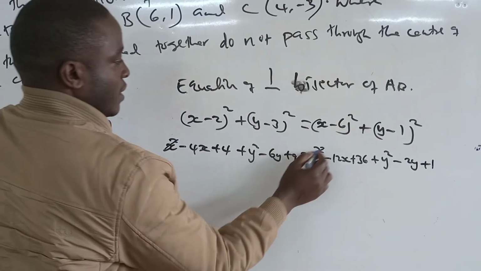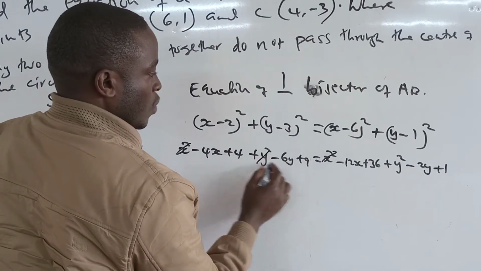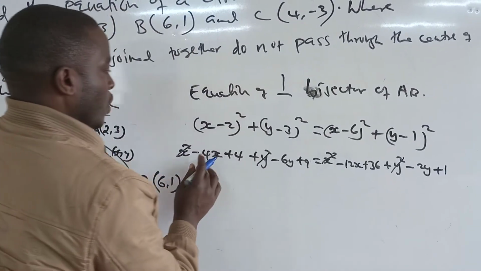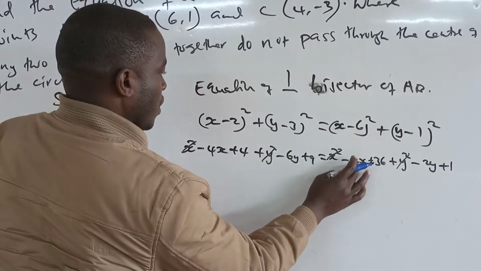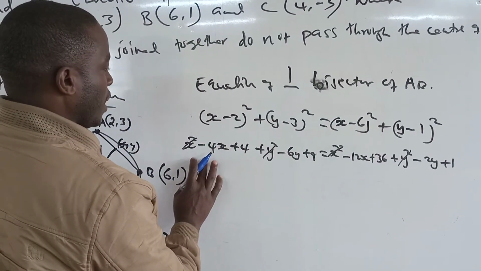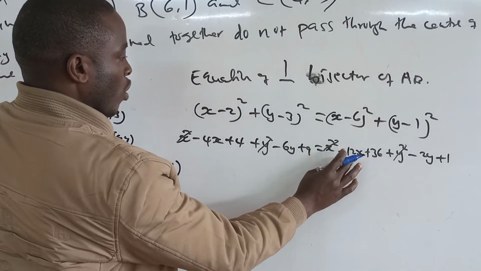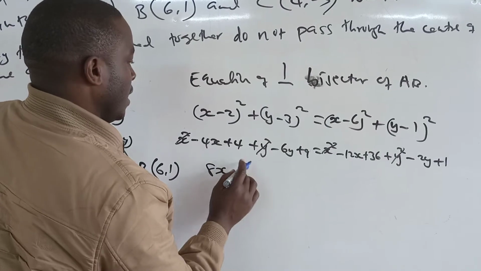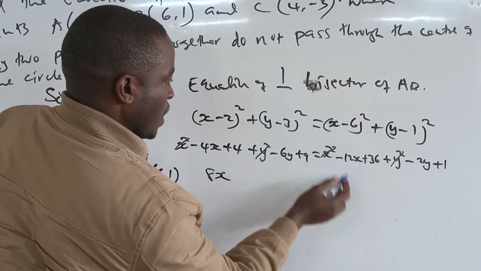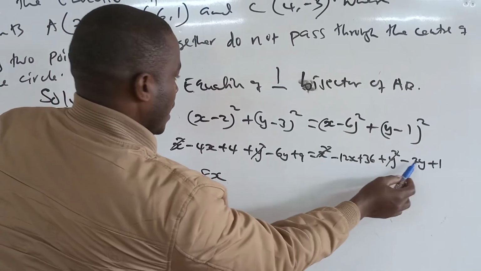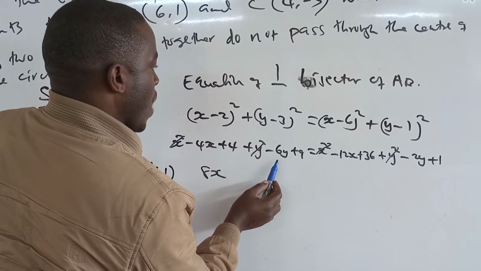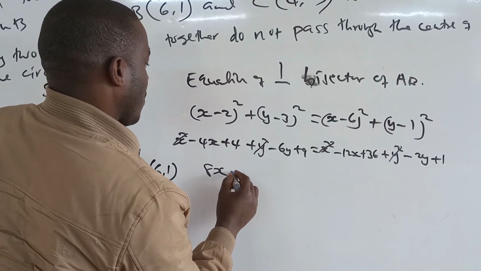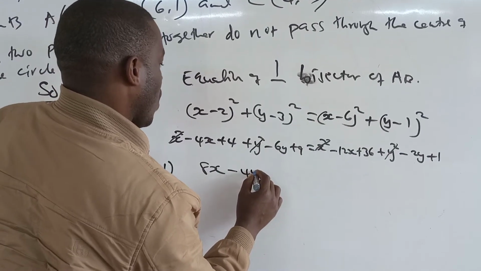The x squared and x squared cancel, and the y squared and y squared cancel. Putting the x terms together, negative 4x plus 12x gives you 8x. For the y terms, negative 6y plus 2y gives you minus 4y.